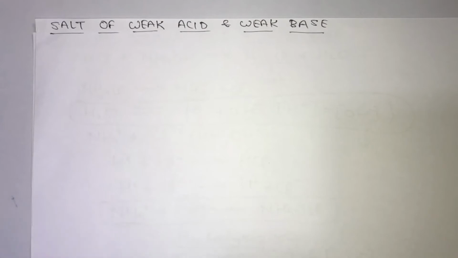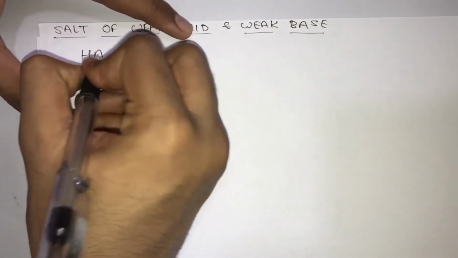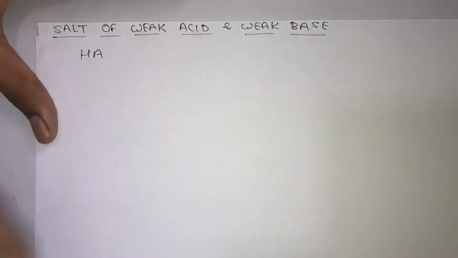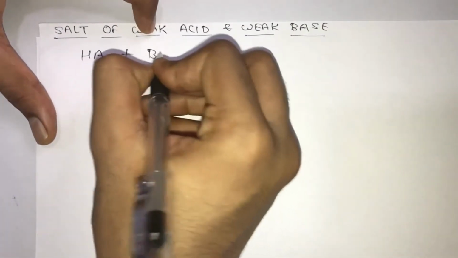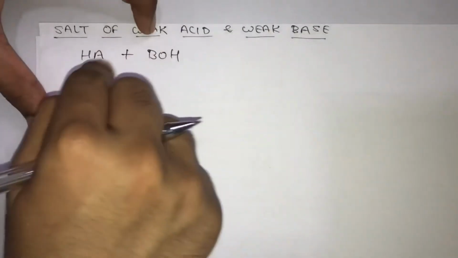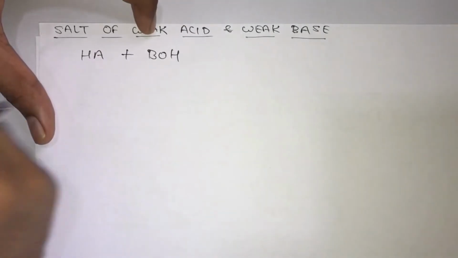Okay, now let's say guys that I have a weak acid HA, and I have taken a weak base, let's say BOH. This is my weak acid and this is my weak base.